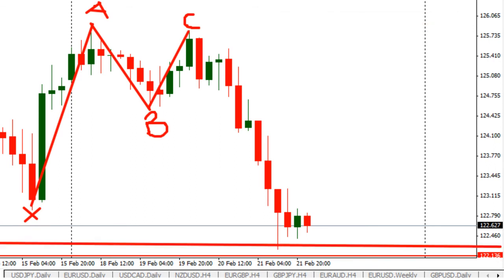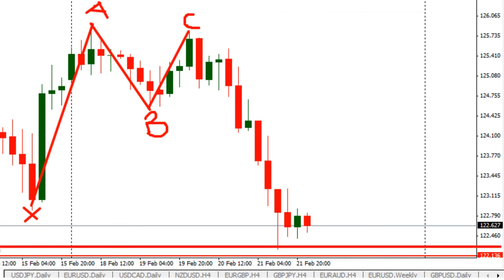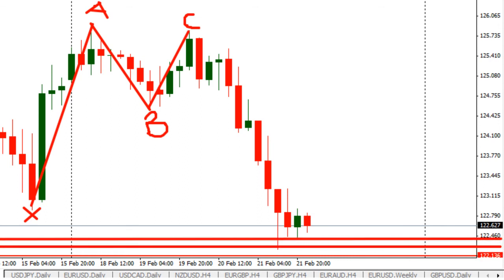This area is what we call our point D. If you color it in, you get this yellow region, which is called our potential reversal zone.